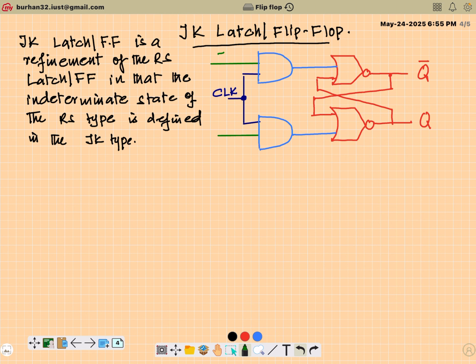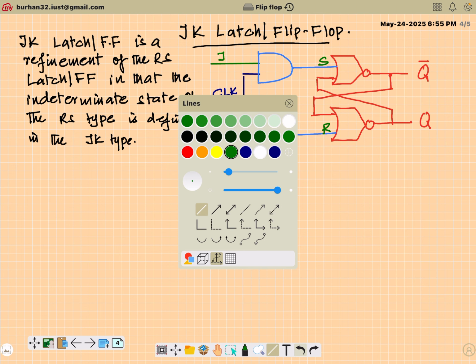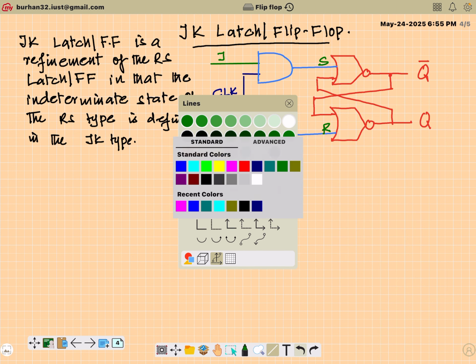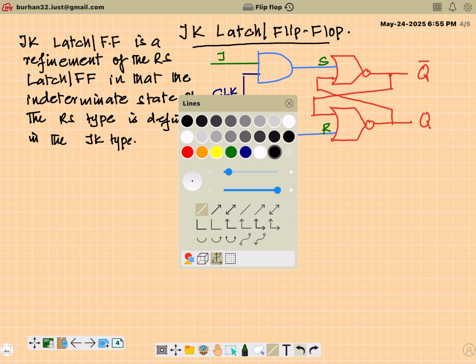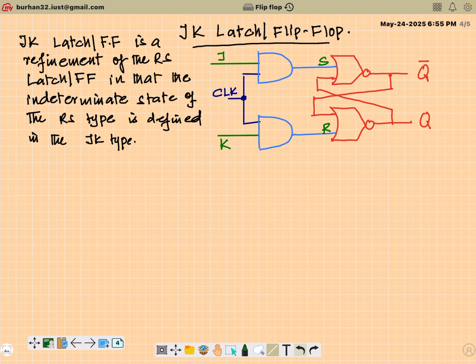The upper one will be J, which will feed to, remember this is S, this is R, and the lower one will be K. Then there's a third connection. We have another feedback connection here, and that feedback connection is actually the third input of this AND gate.